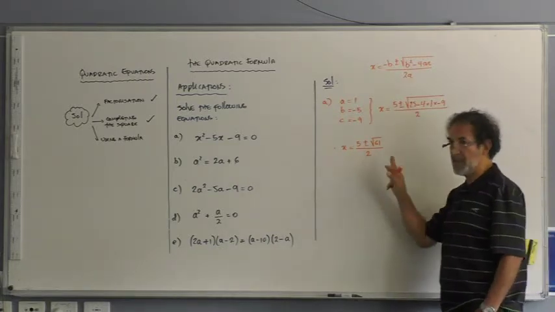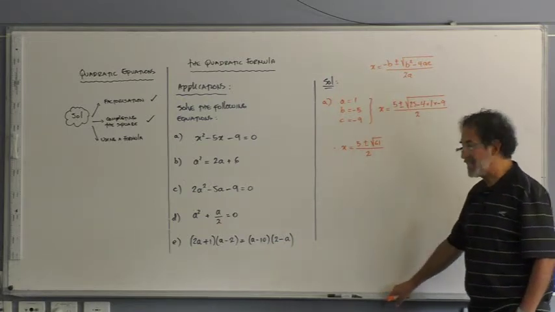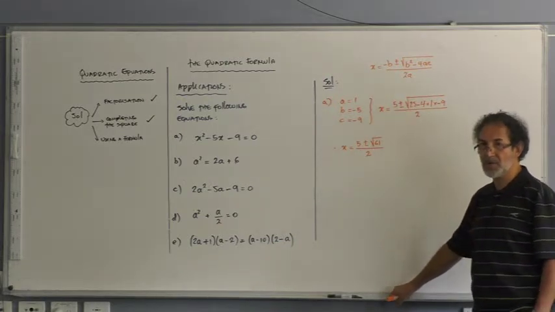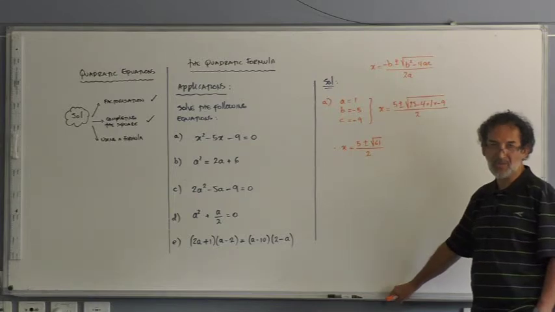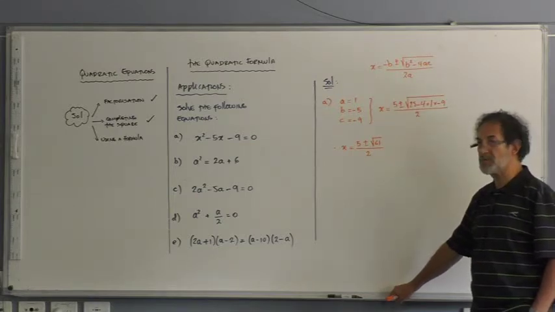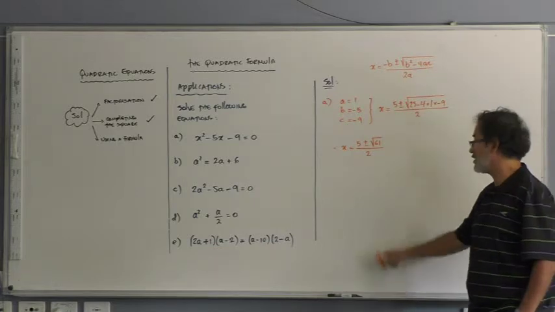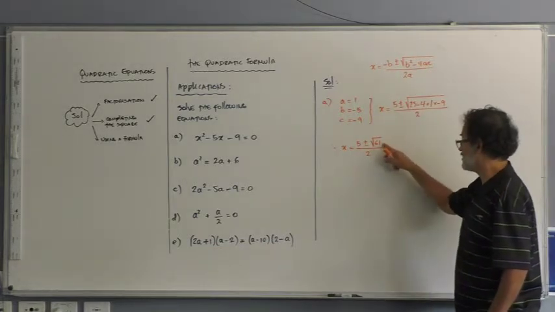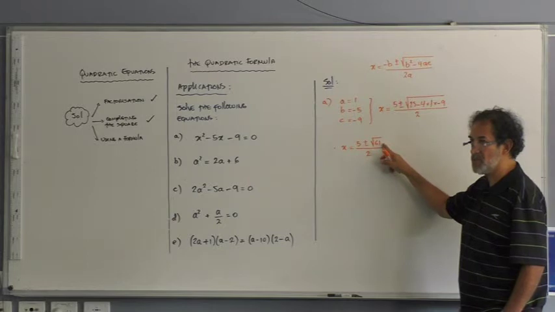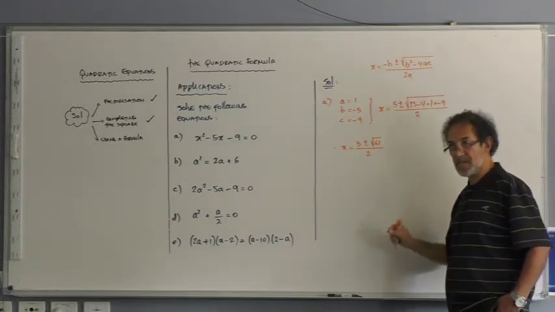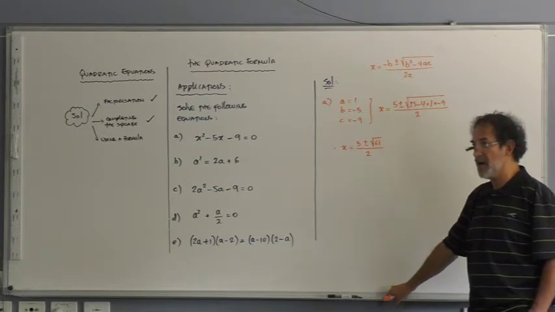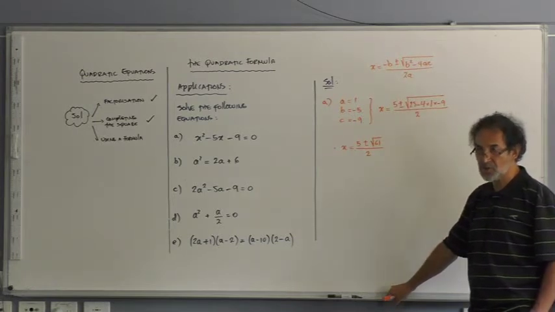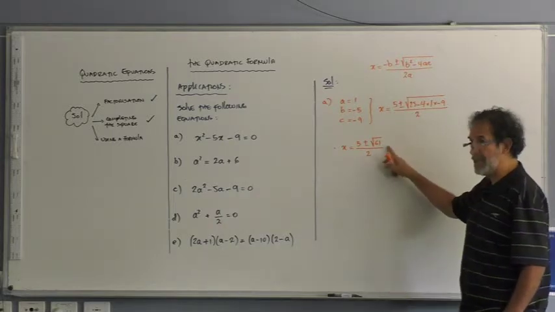Okay, now, another important thing. In a test, we're going to ask you to express the answer in surd form, or sometimes correct to 2 decimal places or 1 decimal place. If the question says express the answer in surd form, then you stop here, because we cannot simplify the square root of 61 anymore. Or sometimes we say find the exact solution, then you stop here.